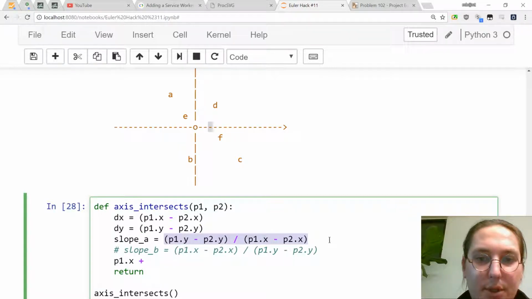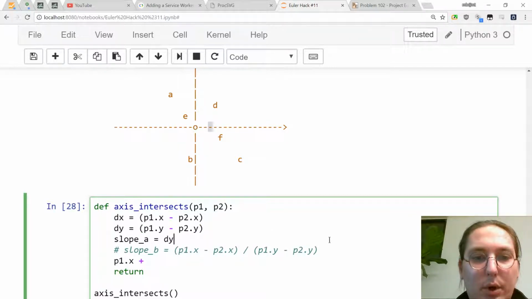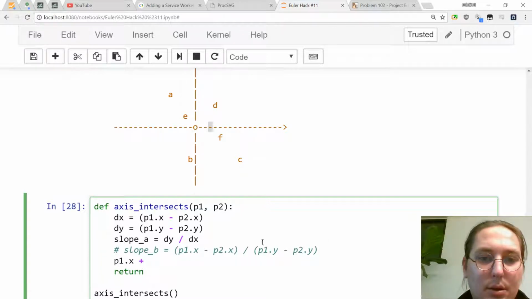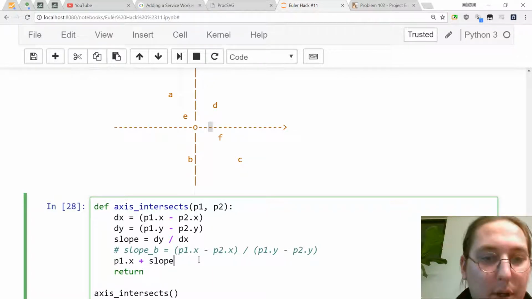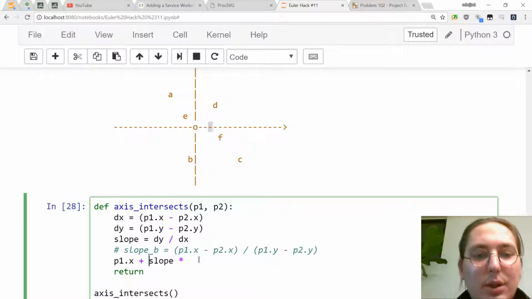So the slope is dy over dx, not to be confused with differentiation. And then we go times dx. No, if we go by dx.